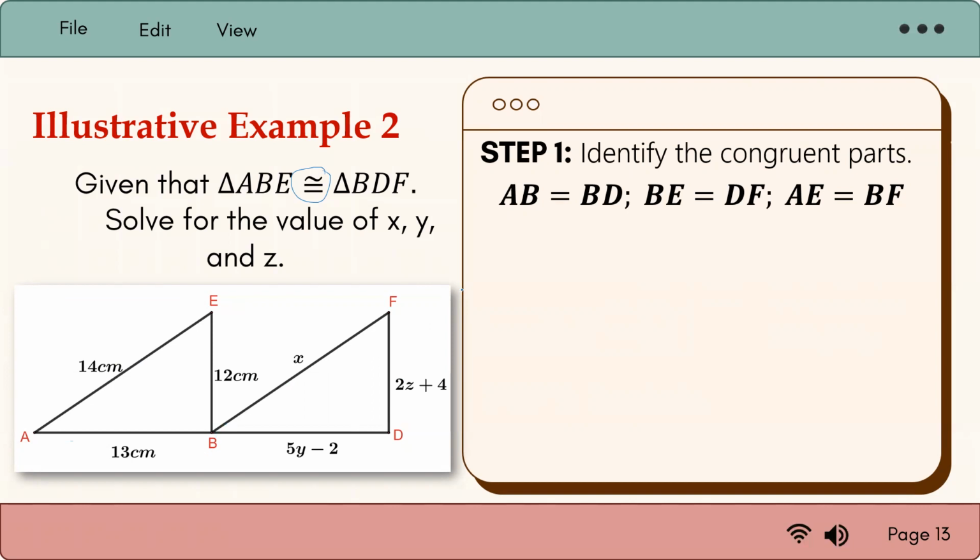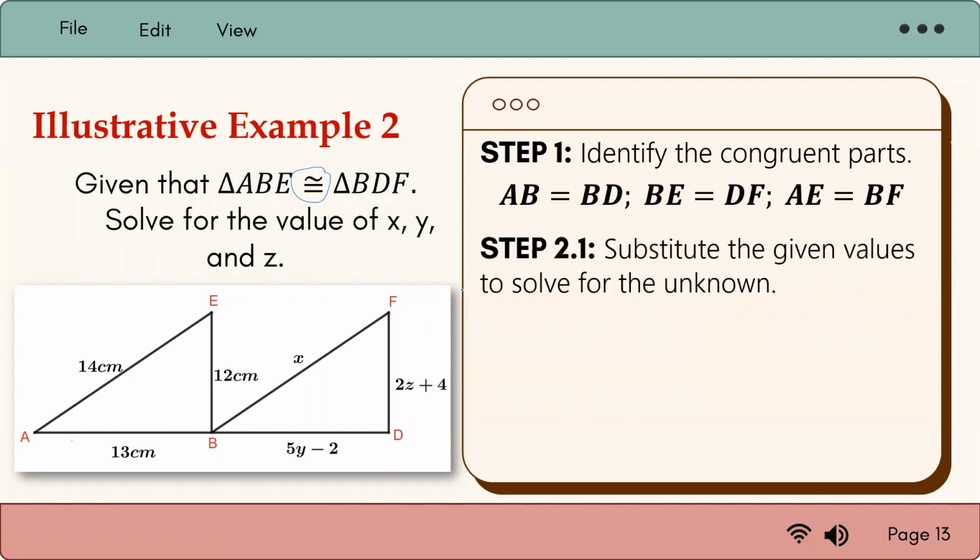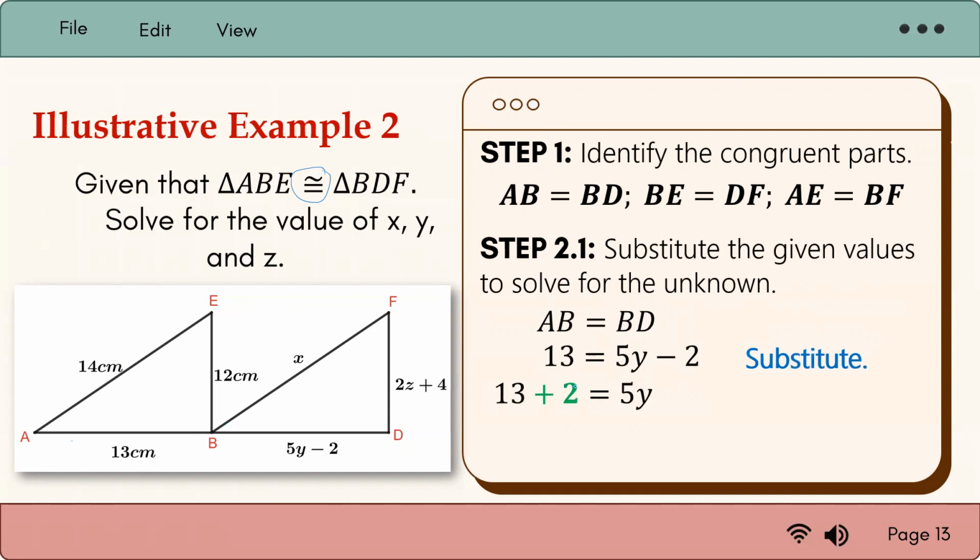We start with AB equal to BD. We substitute the given values. AB is equal to 13, and BD is equal to 5y minus 2. Since this one is 13 now, we can simply manipulate the equation. Add both sides by 2, so this becomes 0.